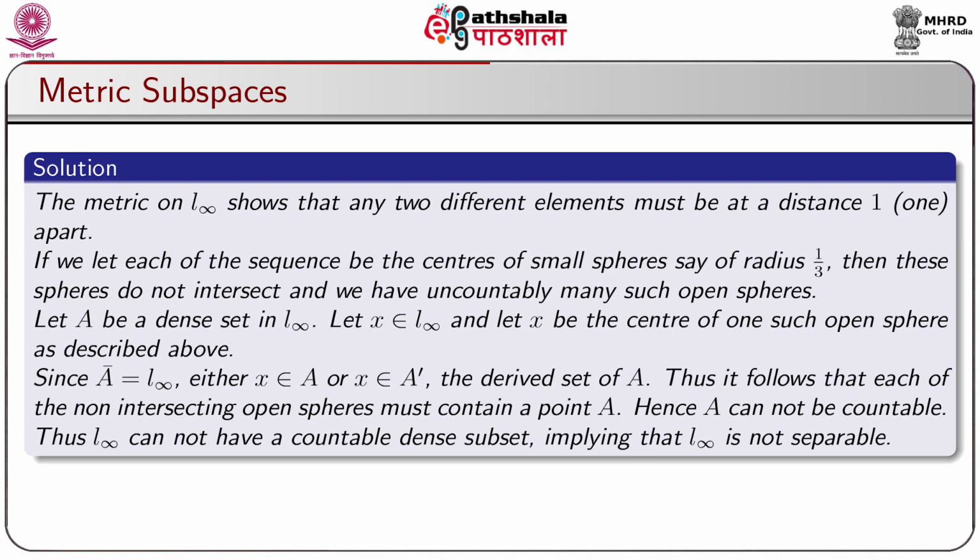Since the closure of A is equal to L infinity, either x belongs to A or x belongs to A dash, the derived set of A, that means the collection of all limit points of A. Thus, it follows that each of the non-intersecting open spheres must contain a point of A. Since A cannot be countable, L infinity cannot have a countable dense subset, implying that L infinity is not separable.